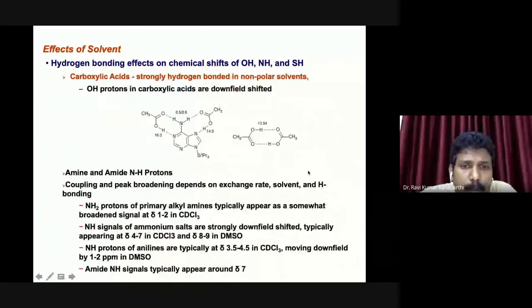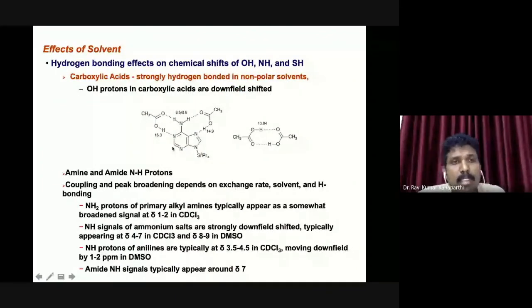Likewise, you can continue the discussion to amines, amine and amide protons. NH2 protons of primary alkyl amines typically appear, and again, as I told you, they are broad, and you can find them between 1 to 2 ppm in CDCl3.